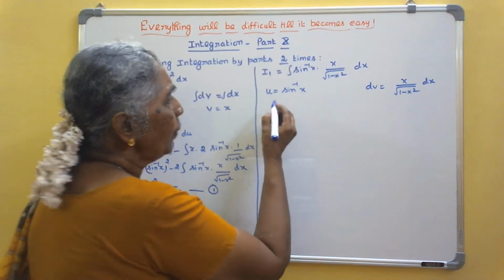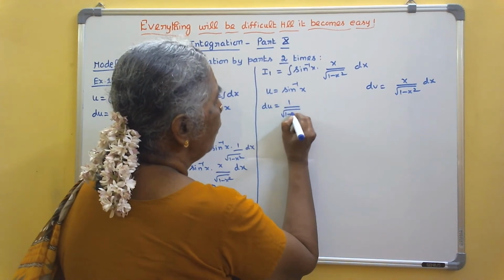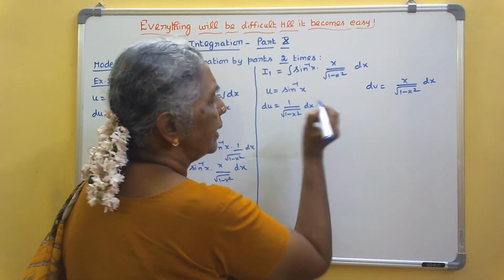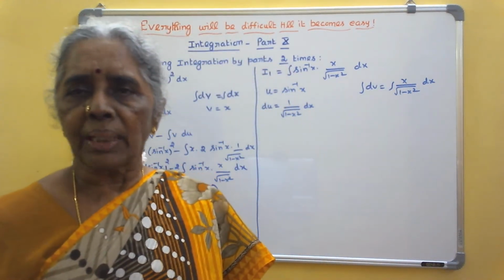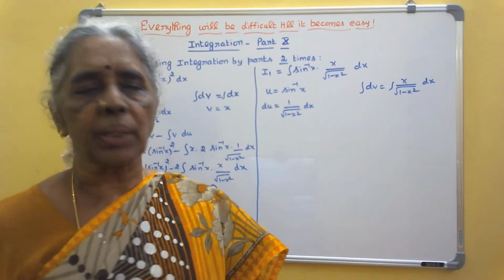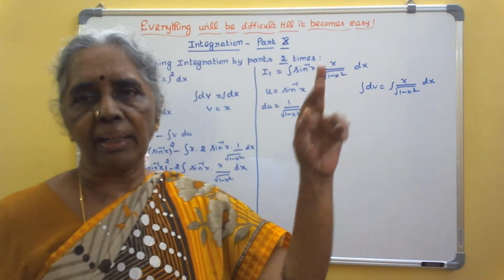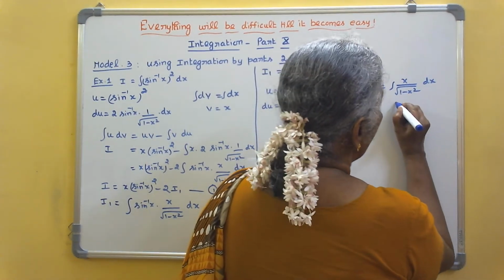Now, if you differentiate, the du will be 1 by root of 1 minus x squared dx. Here we have to integrate. You know, the integration is not straight here. We have to use the method of substitution. Like this you have done a sum already.